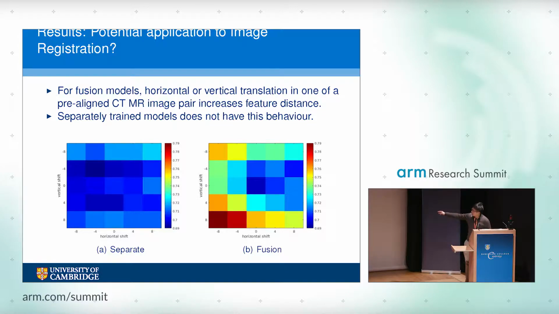For the fusion model, on the right, in the middle is where there's no translation, so this very dark blue means the distance is small. But if you shift it, the distance will generally increase to hotter colors. But this is, again, not exhibited in the separately trained model.